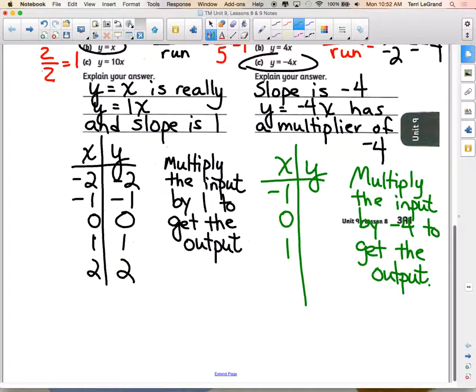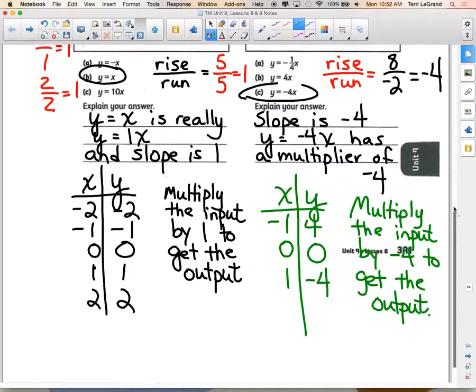Negative 1 times a positive, no, or negative 4, excuse me. Negative 1 times negative 4. Positive 4. What's 0 times negative 4? 0. And what's 1 times negative 4? Negative 4.